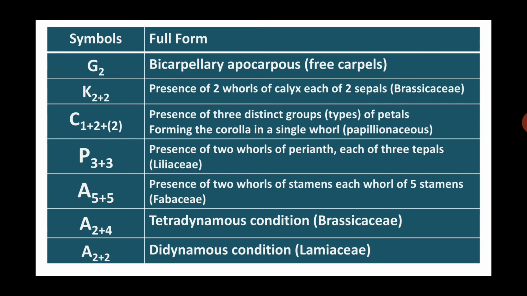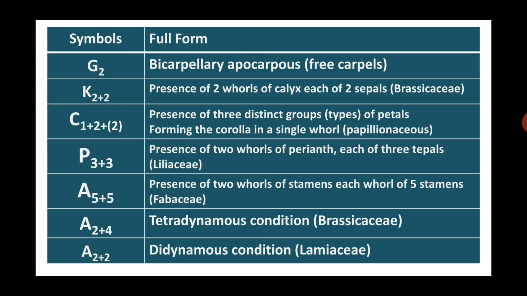P 3 plus 3 means presence of two whorls of perianth, each of three tepals, for example Liliaceae. A 5 plus 5, that means presence of two whorls of stamens, each whorl of 5 stamens, for example Fabaceae. A 2 plus 4, that is 6 stamens, tetradynamous condition found in Brassicaceae. Tetradynamous means number of stamens are 6, 2 are short and 4 are long.